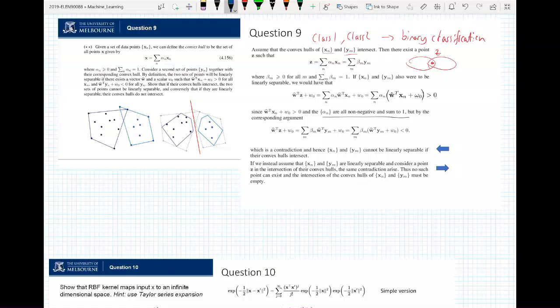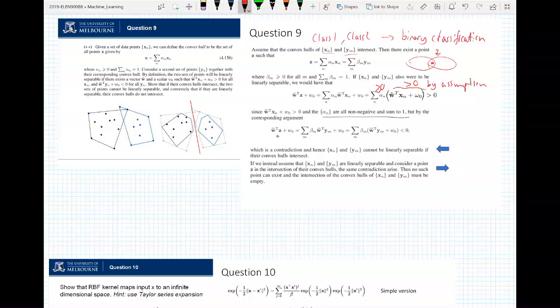All right? So once I do this, we know that if they are linearly separable, then each of these is positive by assumption, right? And the alpha n's are non-negative. So you sum up a bunch of non-negative numbers, you cannot get negative, so you get greater than 0, right? So if I write z in terms of x, then I get this.